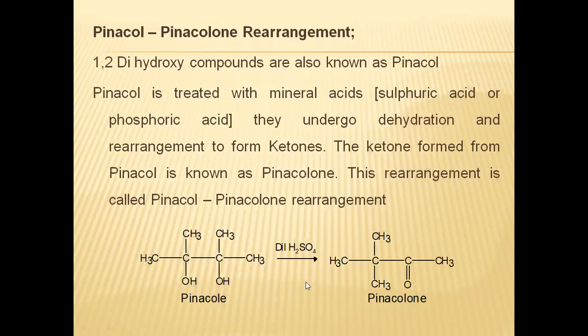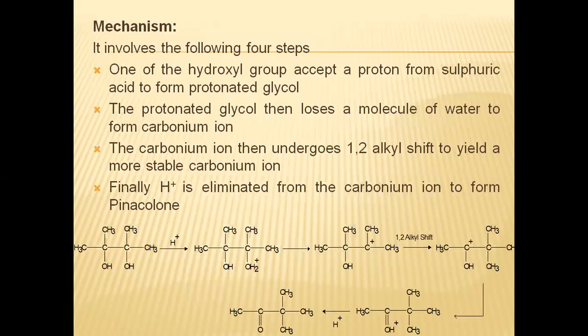So this is the pinacol. It is treated with sulfuric acid. It is converted into pinacolone. When you see the mechanism, it takes place in 4 steps. In the first step, the H plus from the acid reacts with one of the OH groups in the pinacol and forms the oxonium ion. The oxonium ion is unstable, so a shift takes place and forms the carbocation.